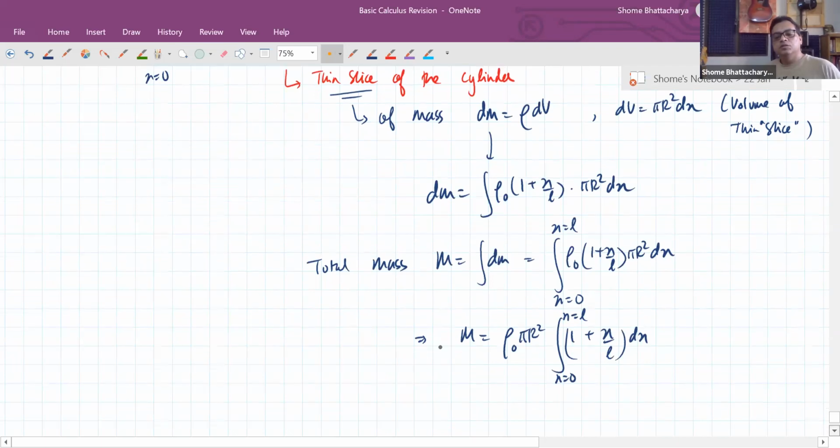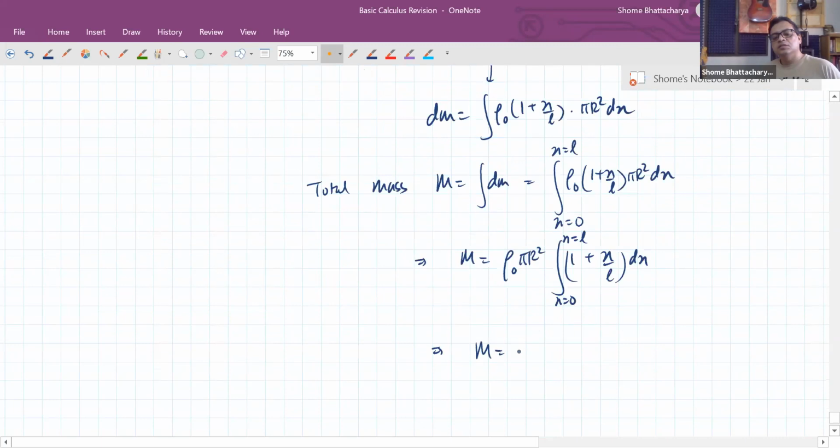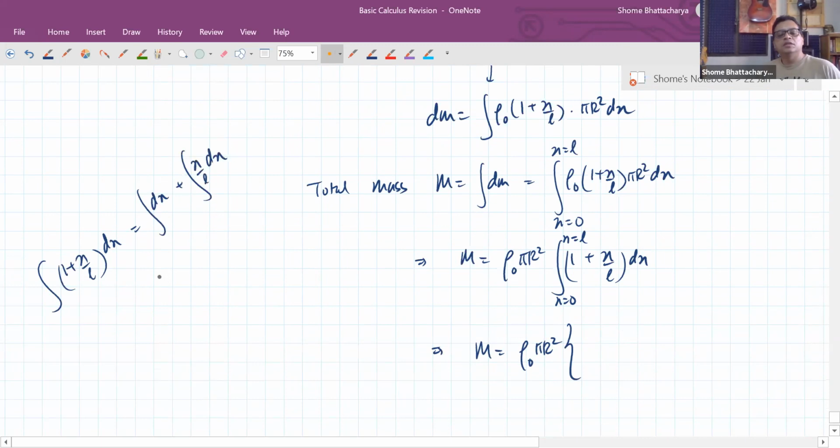Okay. So the integration further results in, you can see the integration of 1 plus x by L can be expressed as the integration of dx plus integration of x by L dx. So this will just give us x, and this will give us 1 by L in x to the power 2 divided by 2. So this integration separately is x plus x square by 2L plus c.